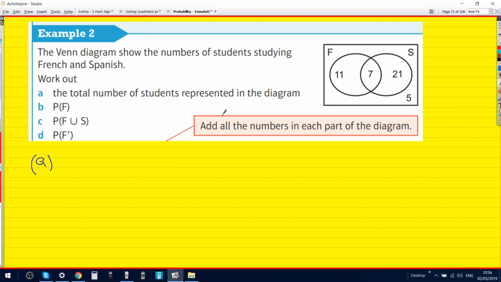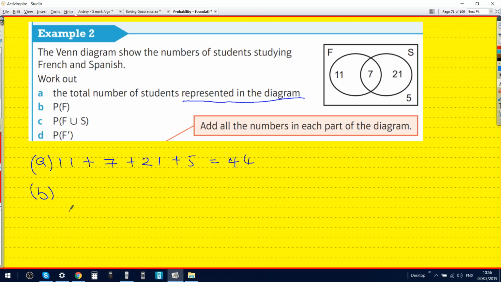I think it's 39. Oh, yeah. And so represented in the diagram, is that 39 students? Right, so 11 and 7, that's 18. You forgot your 5. Oh, add 5. So that's 44, I think. Yeah.